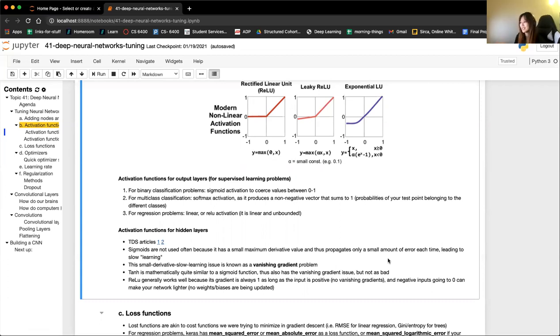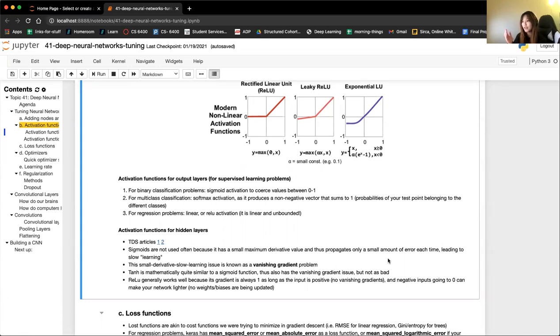Now, if this doesn't make sense to you, in short, it just means that when you take the derivative of a sigmoid function, because of the nature of what its derivative looks like, your learning rate will be very, very slow. And this learning rate is the result of the activation function rather than the actual learning rate. But yeah, because of the small derivative value, it learns slowly.